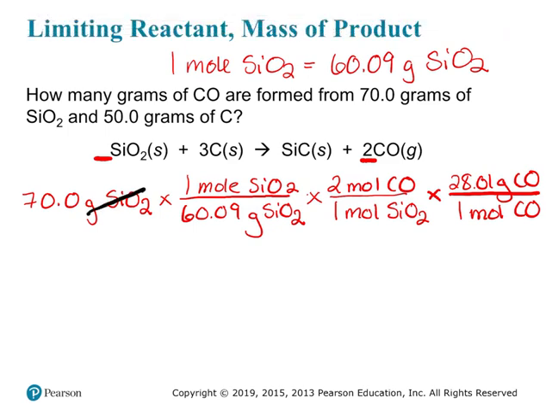So grams of silicon dioxide cancels with grams. Moles of SiO2 cancels with moles. Moles of carbon monoxide cancels with moles of carbon monoxide. Perfect. So our final unit is grams of carbon monoxide, which is what we want.